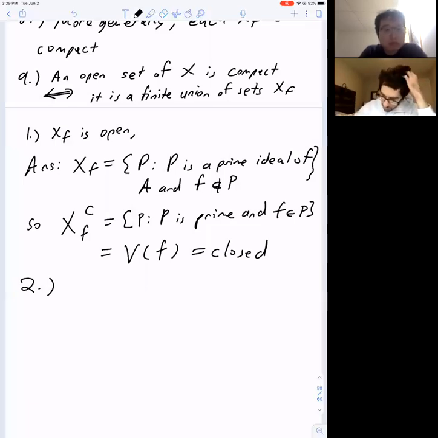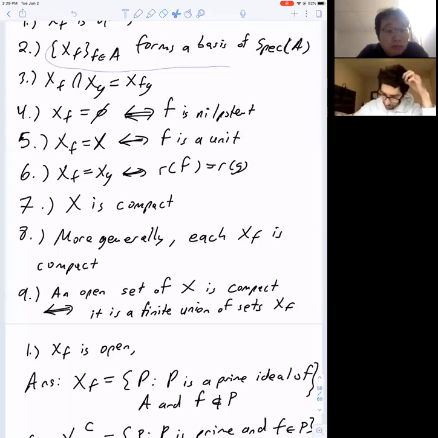Question number 2, how do I prove that these sets form a basis?